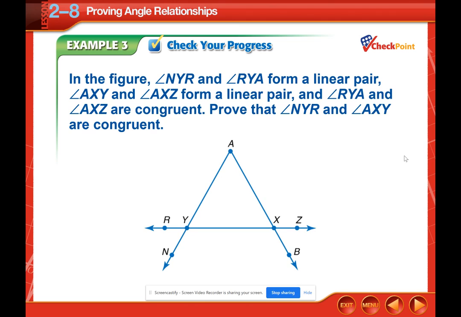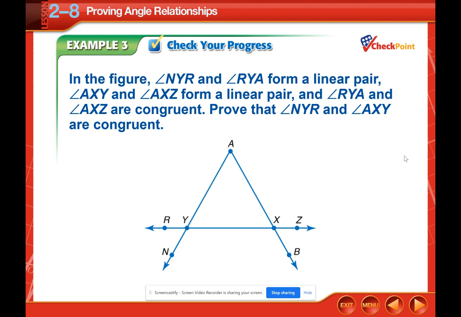They're both supplementary to angle 1, so therefore they are congruent. Okay, in this figure, we have angle NYR and angle RYA, which form a linear pair. And on the other side, AXY and AXZ also form a linear pair.